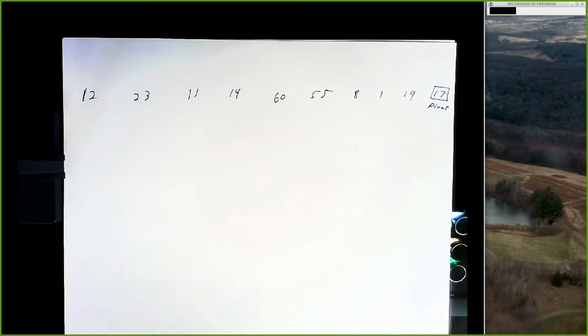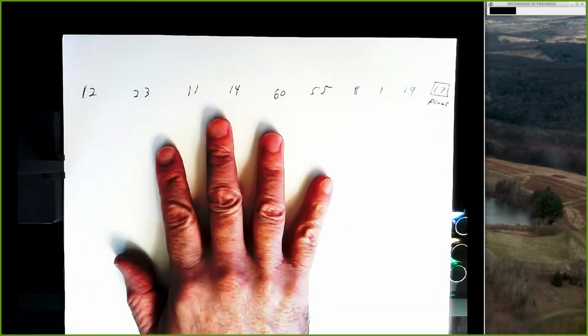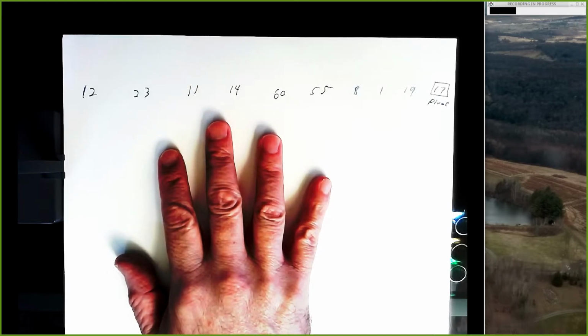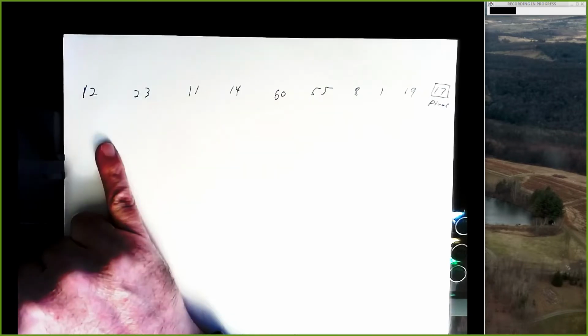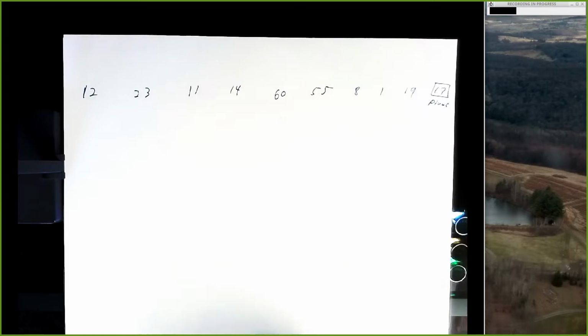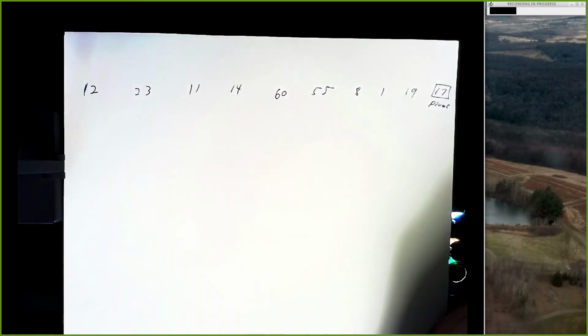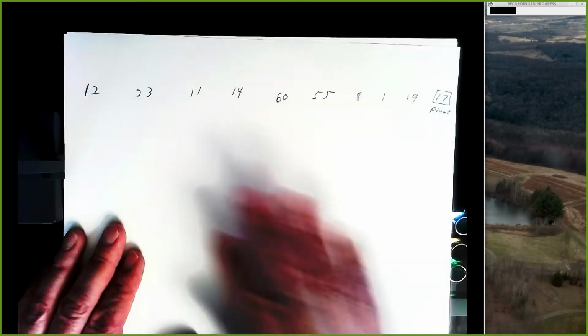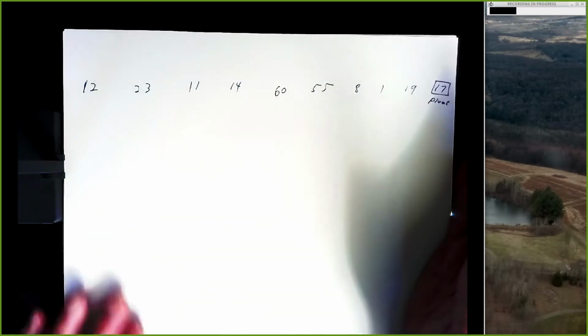All right, so here's the goal. We want to rearrange this array of numbers so that wherever 17 ends up, everything to the left of that position is smaller than 17, and everything to the right is bigger than 17. We're not going to worry whether the stuff on either side is itself sorted.